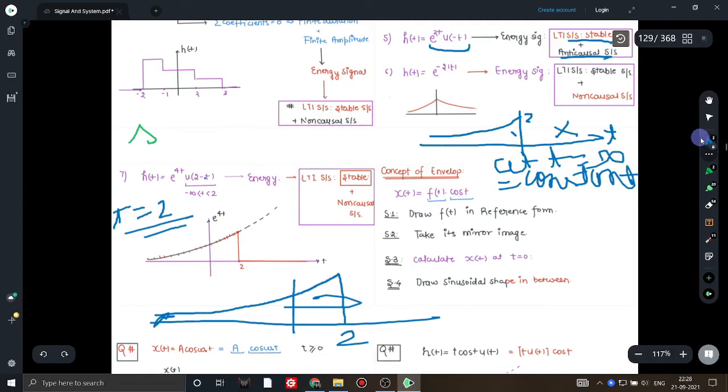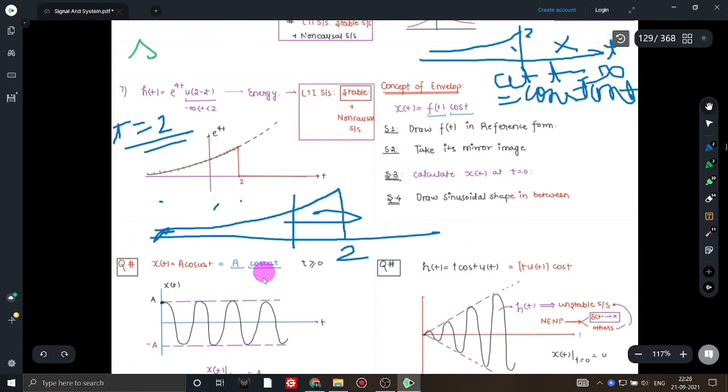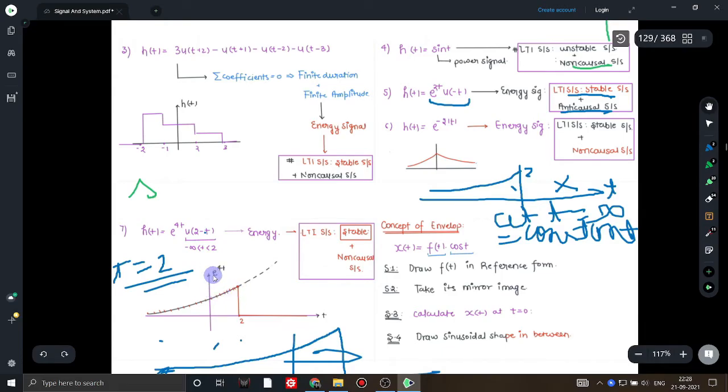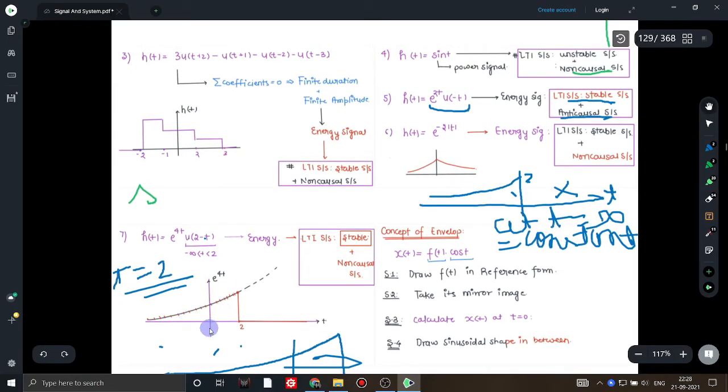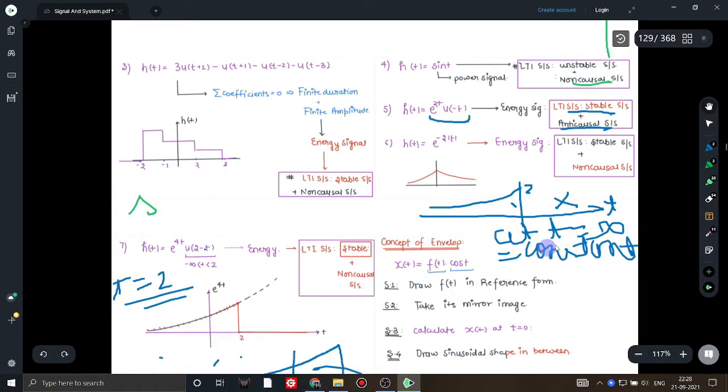Yes, it's stable, and it is non-causal because the value of this graph is also present before t less than 0.